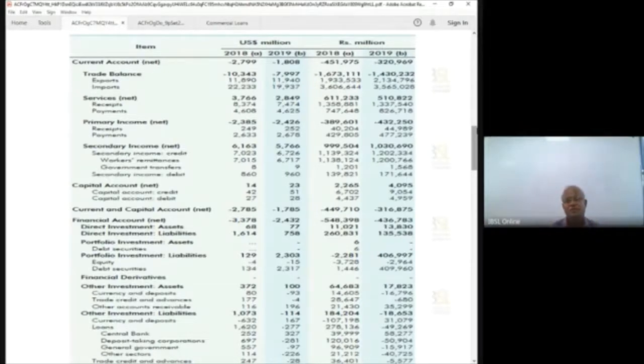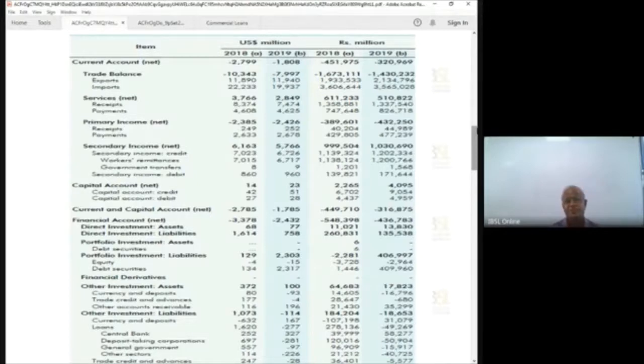In 2019, total exports in terms of US dollars were about 11.9 billion, that is about 12 billion worth of exports. Our total earnings by selling our goods to foreign countries is 12 billion dollars.